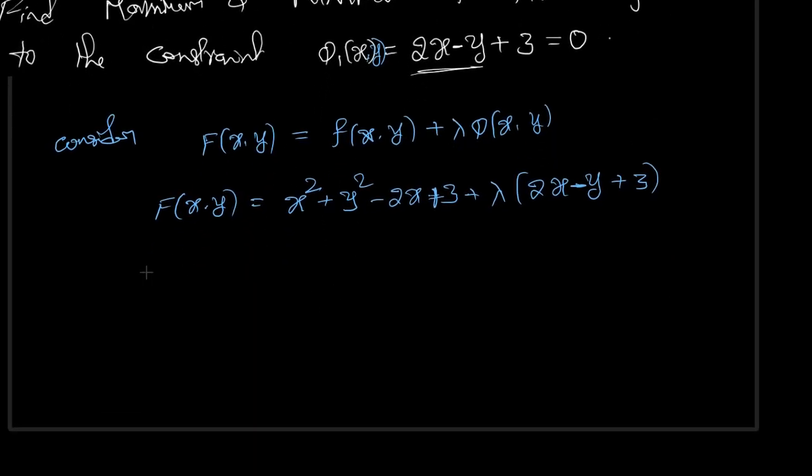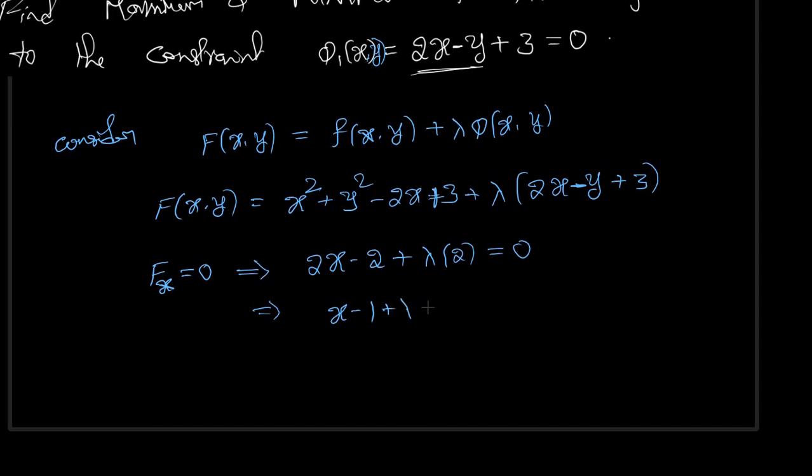Now what shall we do? Let us equate the partial derivatives. F_x equal to 0 implies 2x minus 2 plus lambda into 2 equal to 0. Maybe you can write it like this: x minus 1 plus lambda equal to 0. Alright, keep it aside. Similarly, take the partial derivative with respect to y and equate it to 0.